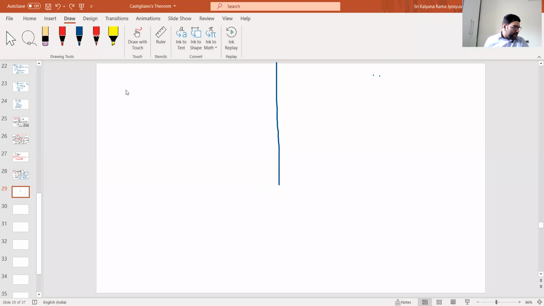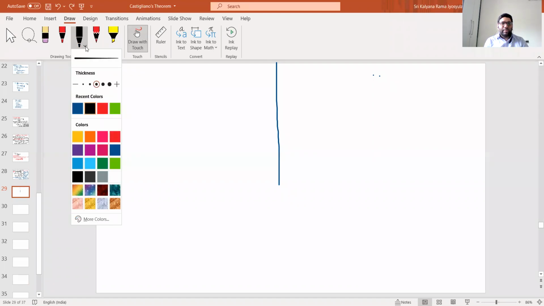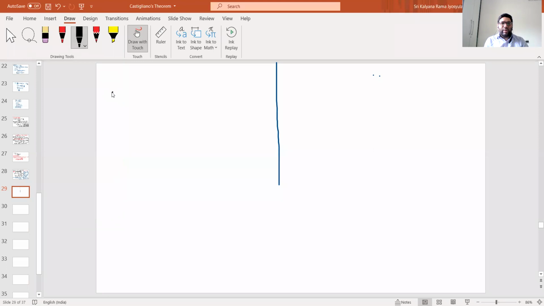Now let us take the main beam first, with all the reactions that we have got.